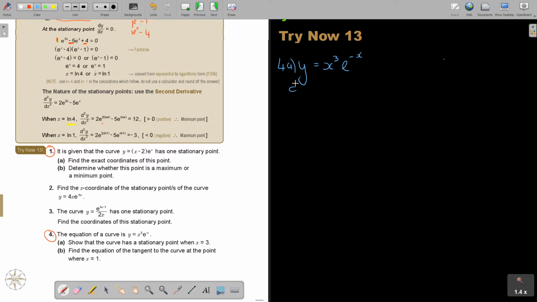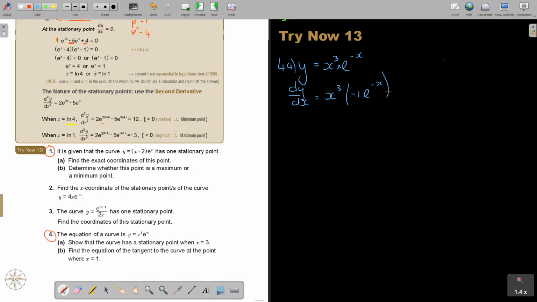Okay, so with stationary points, I first differentiate. Don't forget it's the product rule. So I rewrite the first one, there's the multiplication. And I differentiate this one. But don't forget, if you differentiate this one, it's just going to be negative 1 e^(-x), because the value in front of x is a negative.